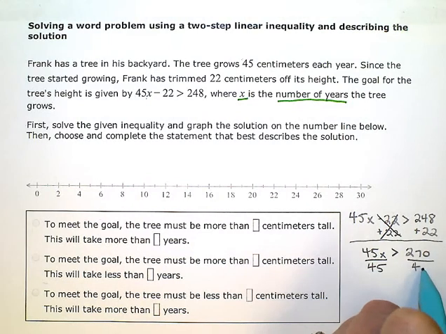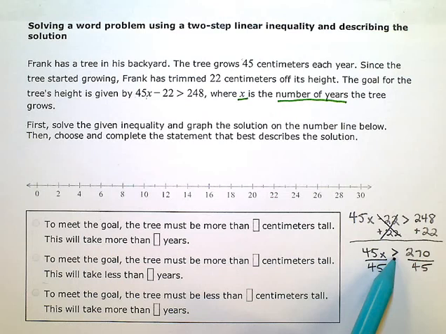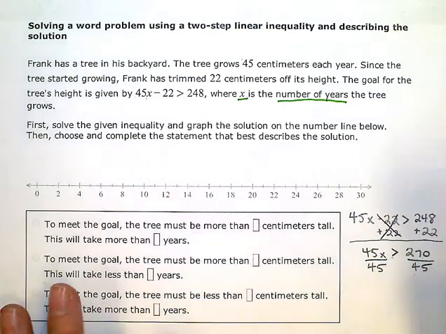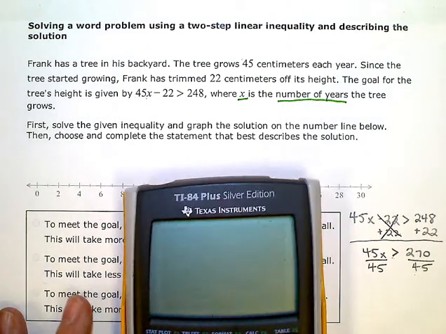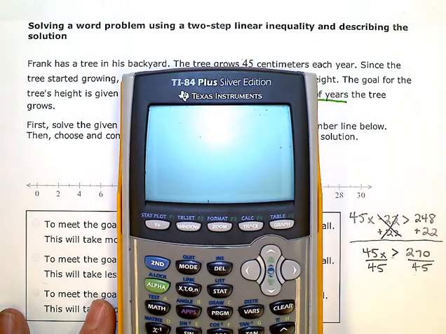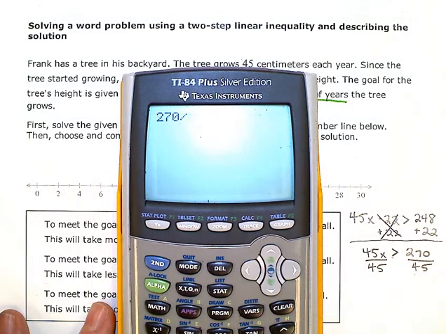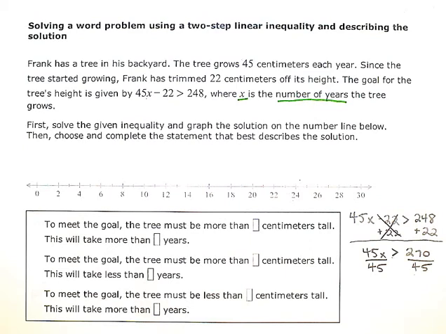Now, when you are solving an inequality and you divide or multiply by a negative number, you have to flip the inequality sign. But I'm dividing by a positive number here, so I can leave my inequality the same. I'm going to do 270 divided by 45. That gives me 6, even. So I know x is greater than 6.